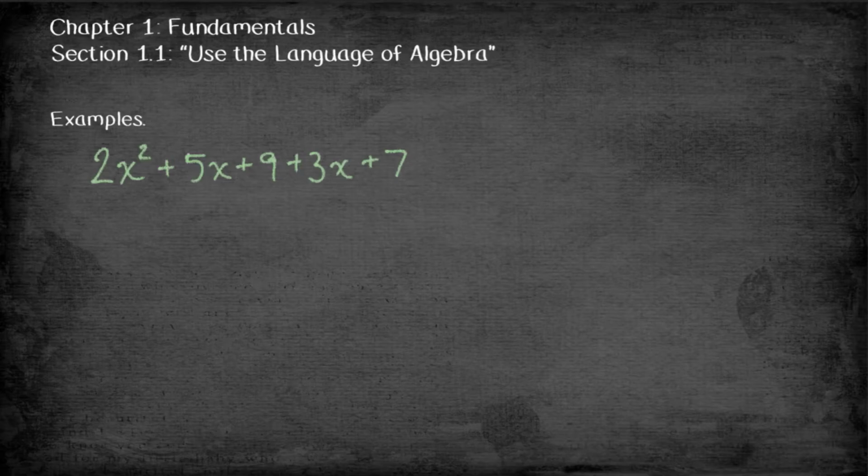And we're going to group them together. So the like terms in this expression are 5x and 3x, having the same variable and exponent, as well as 9 and 7, because they have the same variable, which is to say none, and exponent.